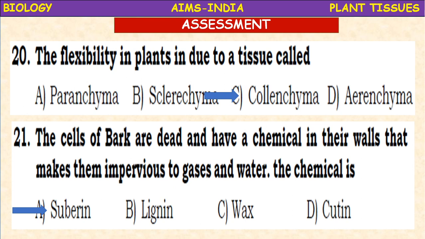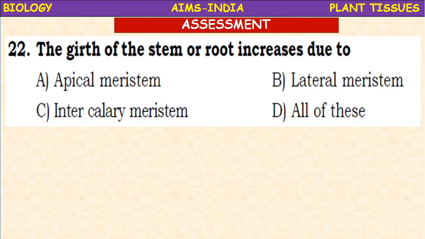Okay, the bark part of the tree is made up of suberin, which is impervious to gases and water. Next, the girth of the stem or root increases due to which meristem? Lateral meristem.